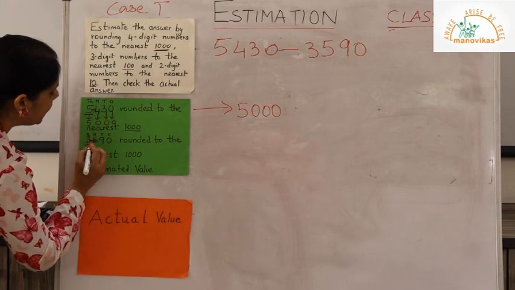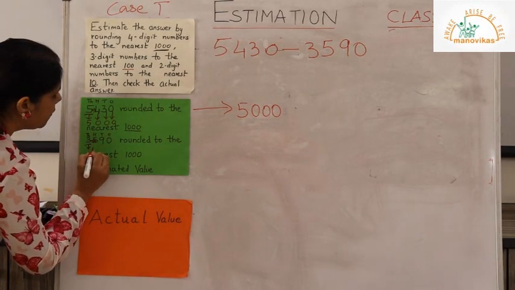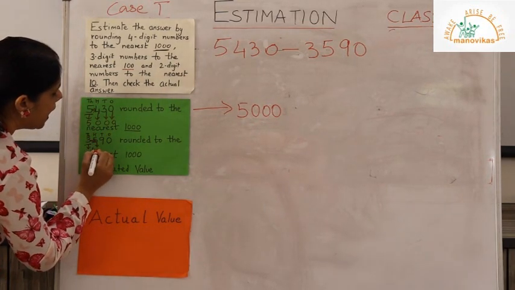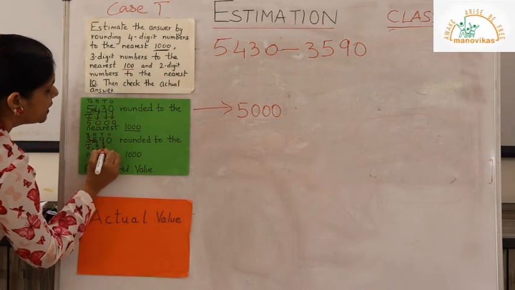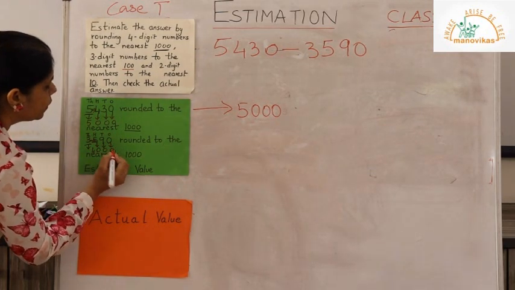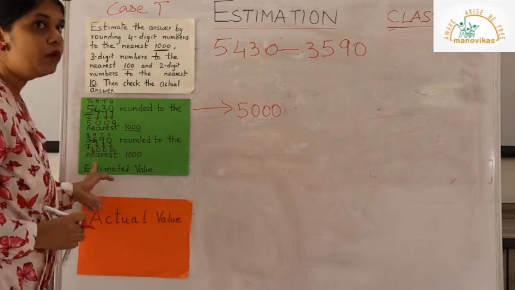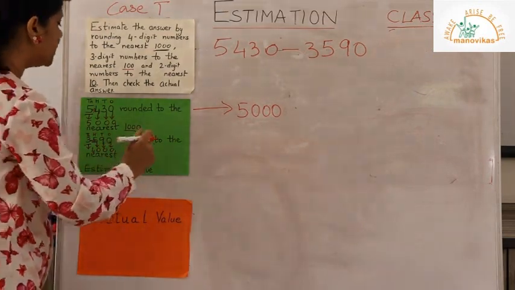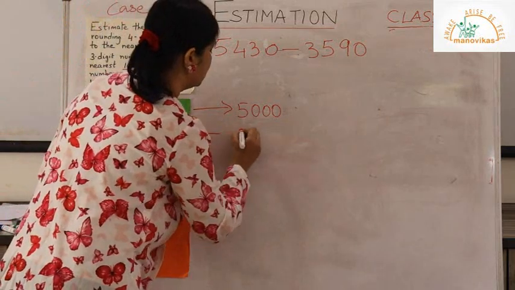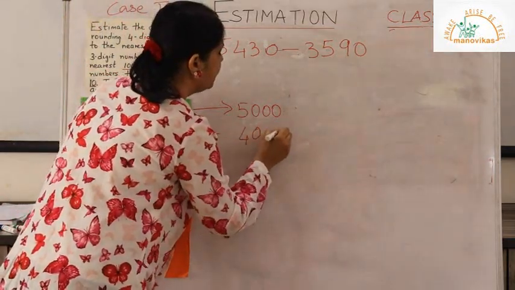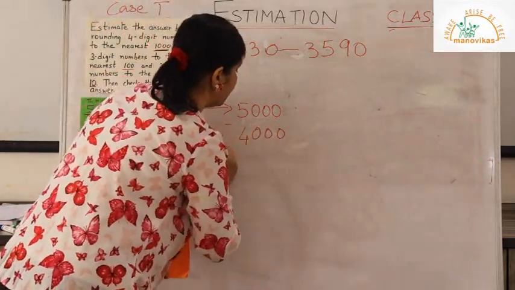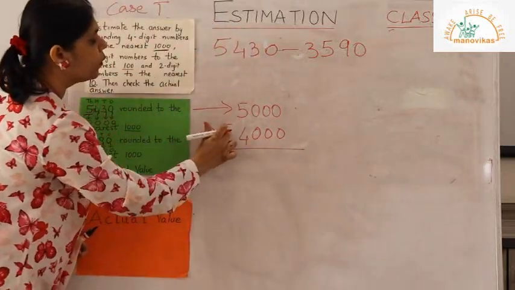So what will happen again here? 3 will become 4, and the other digits will be 0, 0 and 0. So 3590 rounded to the nearest thousand is 4000, correct? Now to find the estimated value, I need to subtract.